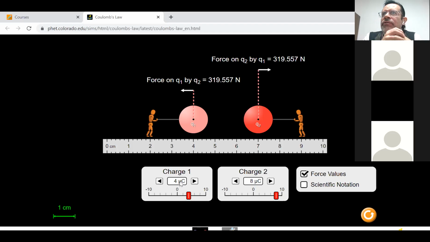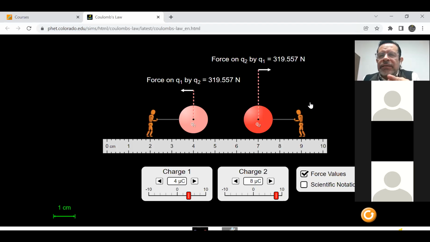Can somebody tell me when I use the prefix micro, what I'm talking about mathematically? Estrella, turn on your camera, please. But mathematically, what does it mean?